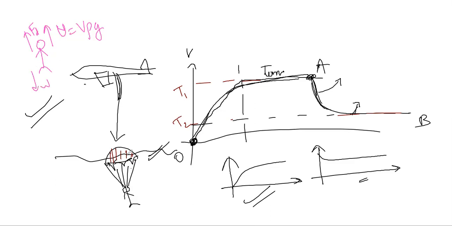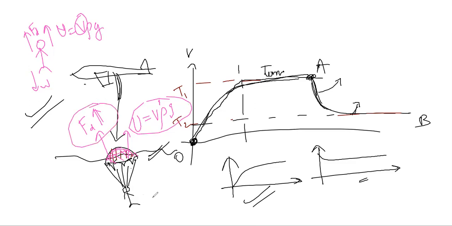Now when he opened the parachute, you are correct that drag force will increase tremendously. Why? Because it will depend upon the area. Also the upthrust will increase, because now the volume of the entire parachute comes into the picture. So both the upward forces increase tremendously, whereas the weight remains the same.